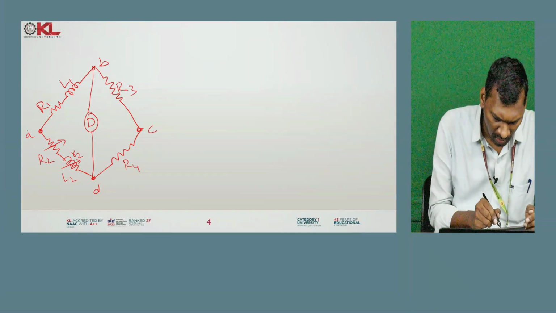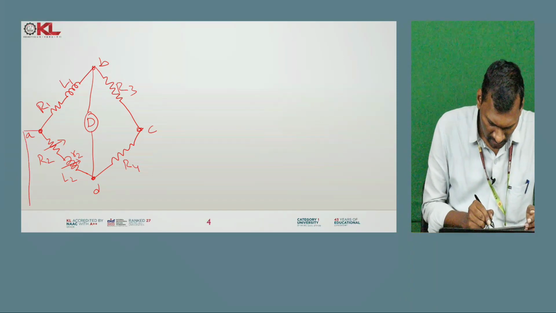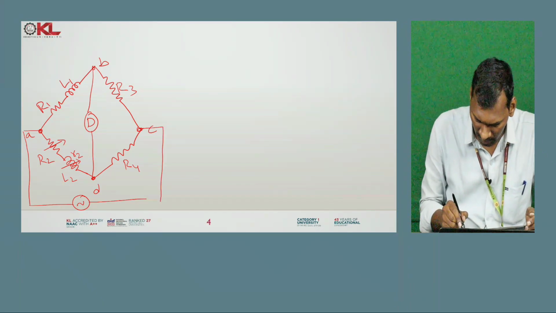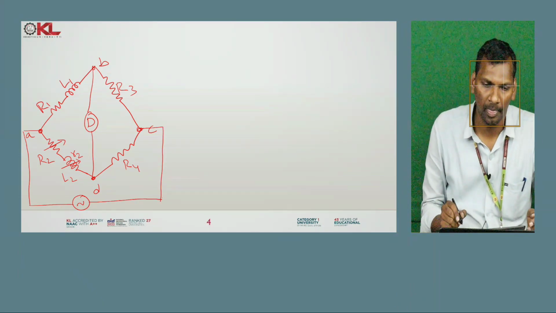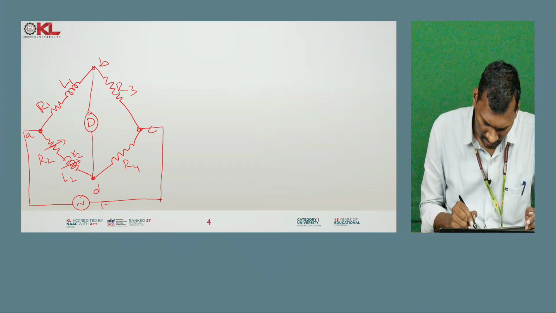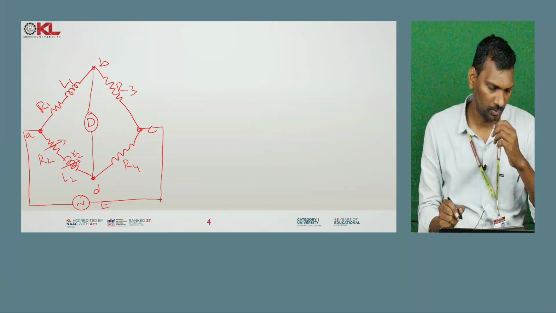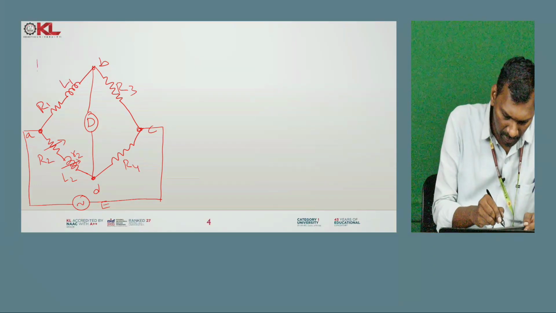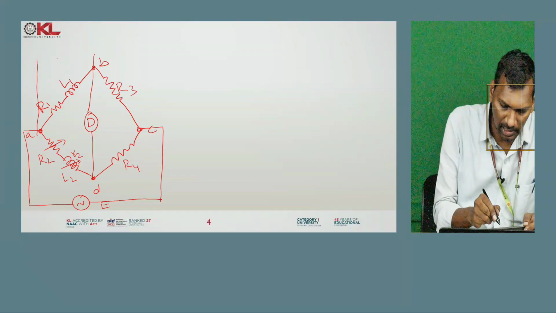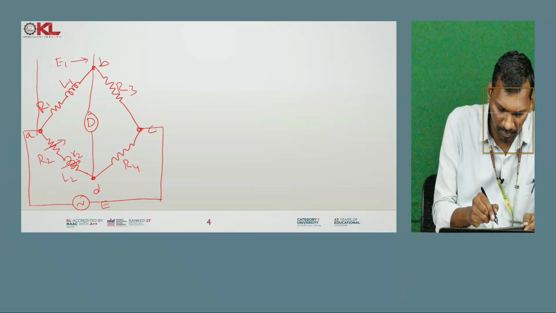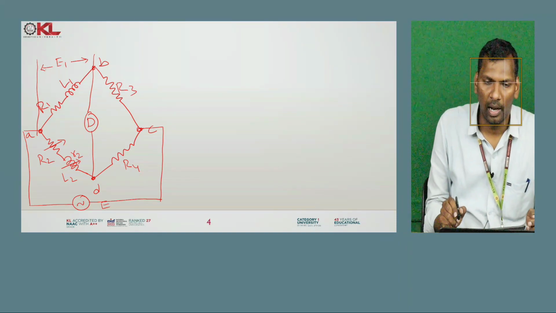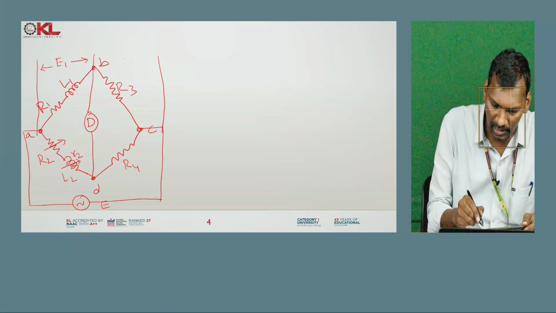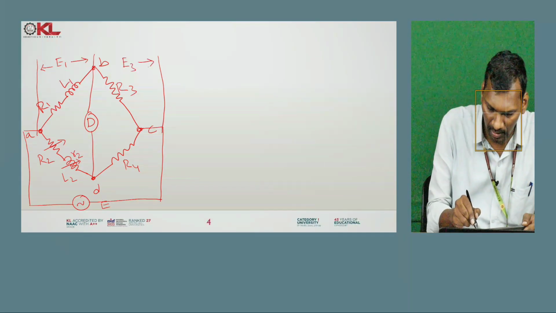Now the source voltage is connected between the terminals A and C, and the applied voltage is, let us consider, E. Now the voltage across the terminals A and B is, let us consider, E1, and the voltage across the terminals B and C is E3.